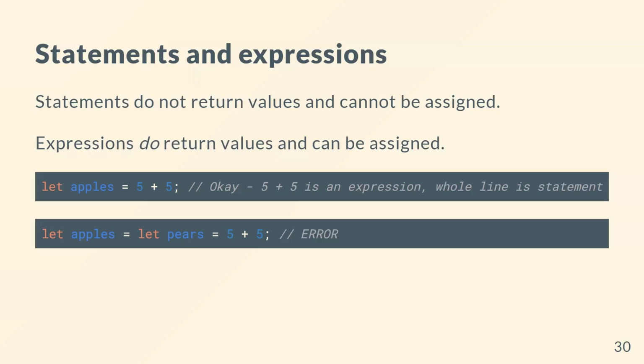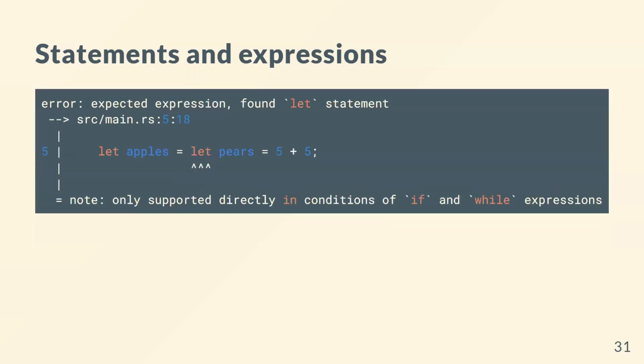So I can't then assign it to apples in this case, and it will give me an error. And the error will look something like this. Expected expression, found let statement. So where I've got let apples equal, it expects whatever's on the right-hand side to be an expression. Instead, it found the statement let pears equal 5 plus 5, and that's why it errored.